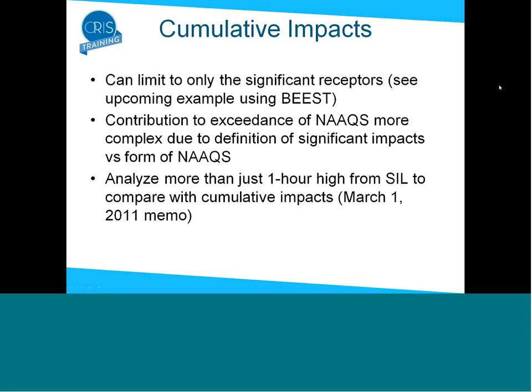That is, you exceed the SIL. And in a little bit, when I start doing the BEAST demonstration, I'm going to show you a new technique that we've incorporated into BEAST that can help you identify and use those receptors much more easily than you could have before.